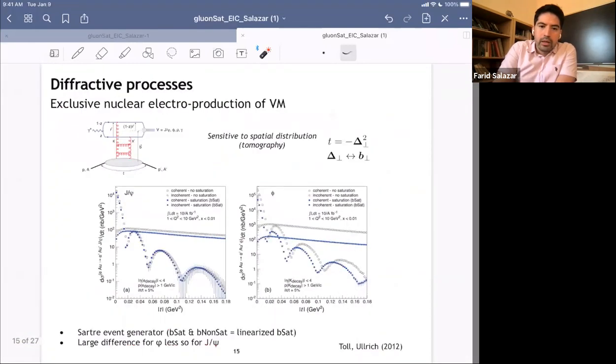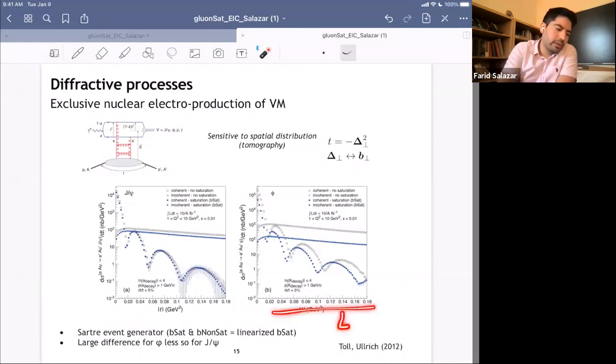Okay. There are also other kinds of diffractive processes in which you produce a final state, like a vector meson, and at the EIC, one can do this off large nuclei, also from light nuclei. And there is also some expected difference between the spectra.